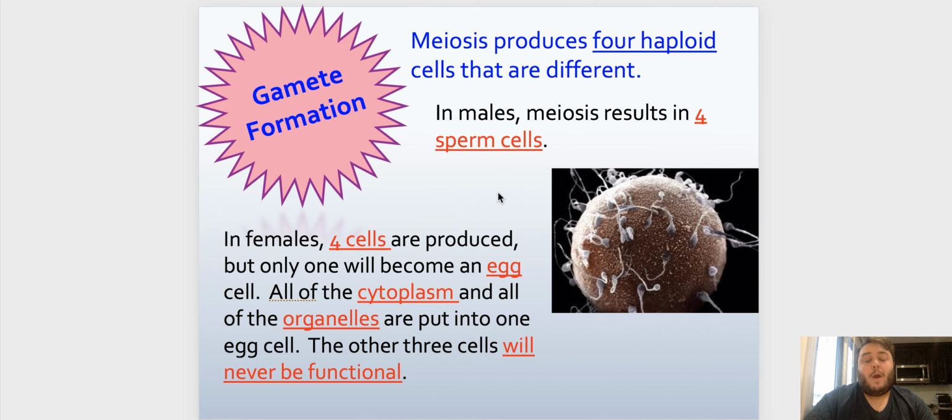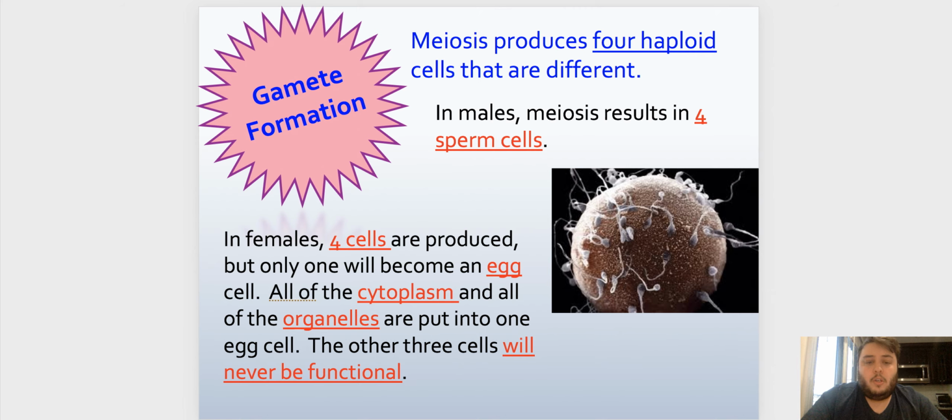And this is one of the reasons that during meiosis, you're really only getting 1 functional egg cell out of the 4 that you're creating. So women produce eggs at a much slower and much more infrequent rate, and that's why they are able to have children only up until a certain point. And then at a certain point, egg cell production stops completely, whereas that does not happen with sperm.